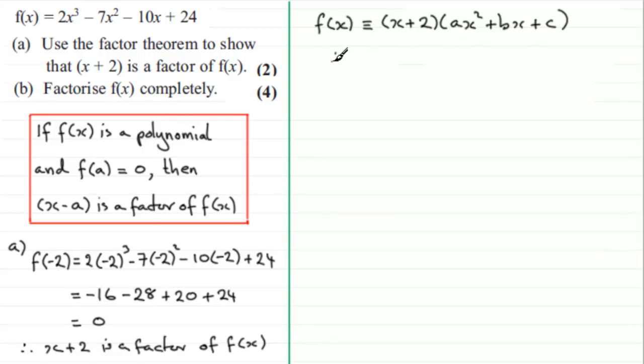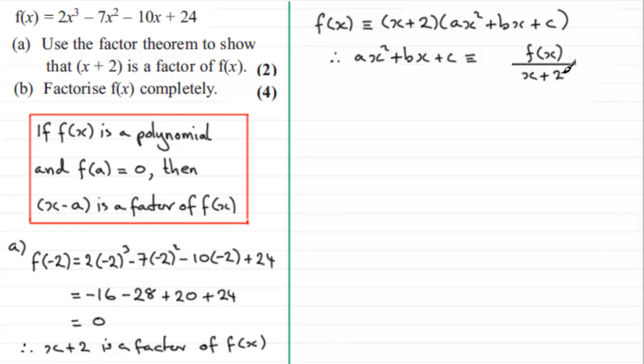Now we need to get that quadratic factor, and one way that we could do it is to divide both sides by x plus 2. So in other words, the quadratic factor ax squared plus bx plus c would be identical to dividing f of x by x plus 2.